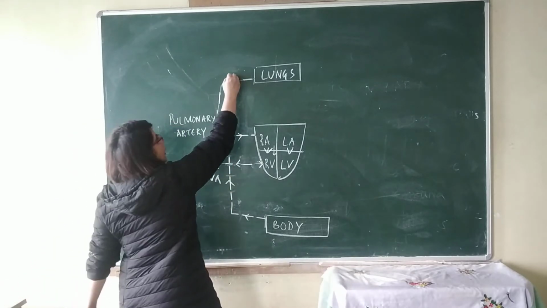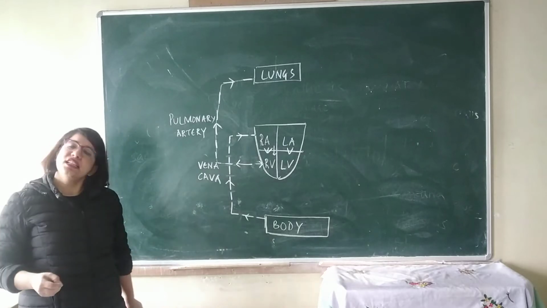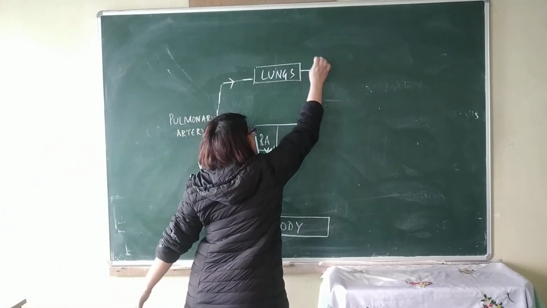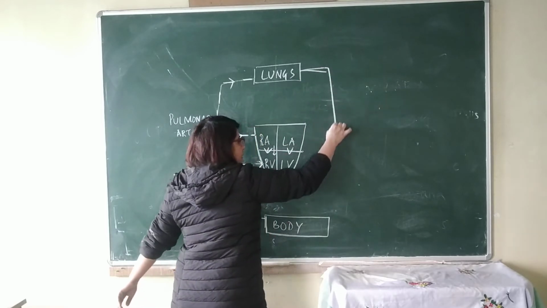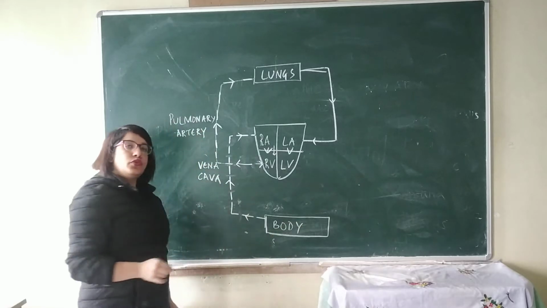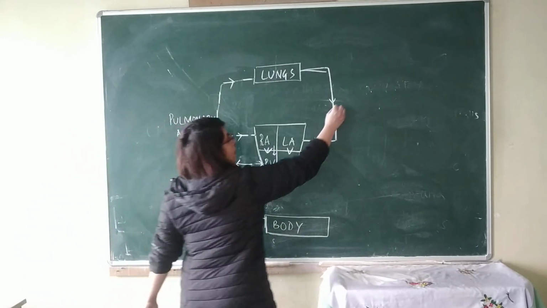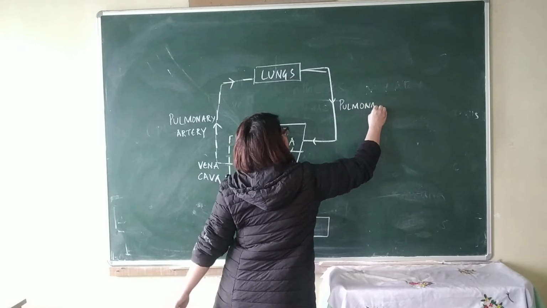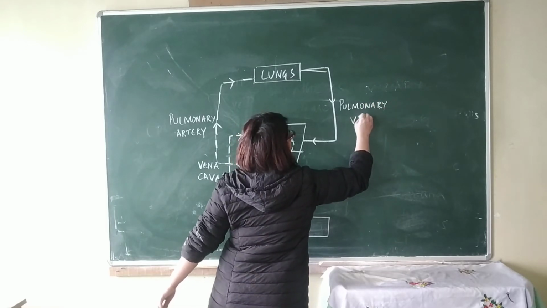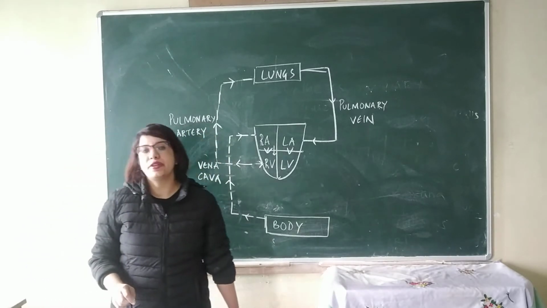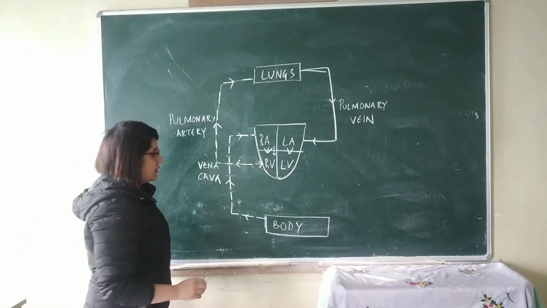Now in the lungs, the blood gets oxygenated. So oxygenated blood now enters the left auricle. And who carries it? The pulmonary vein. Pulmonary vein is the only vein which carries oxygenated blood.